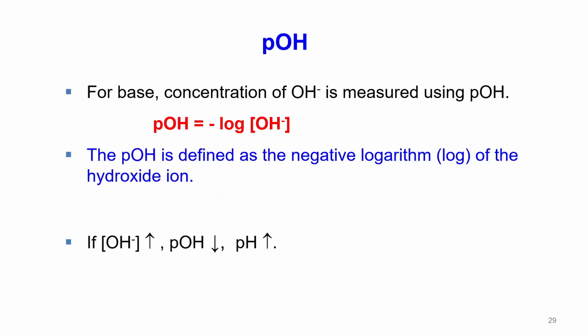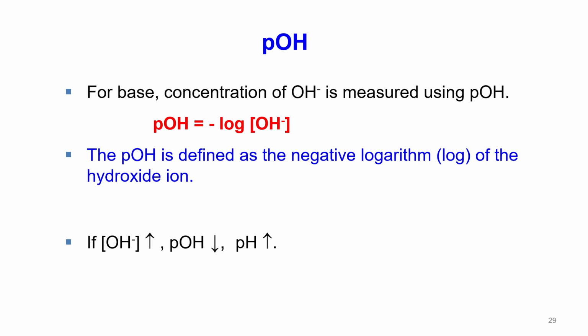Next, pOH. pOH is for base. Jadi kalau pH adalah untuk acid, pOH is for base. So the concentration of OH- is measured using pOH, which is pOH equals negative log [OH-]. The pOH is defined as the negative logarithm of the hydroxide ion concentration.